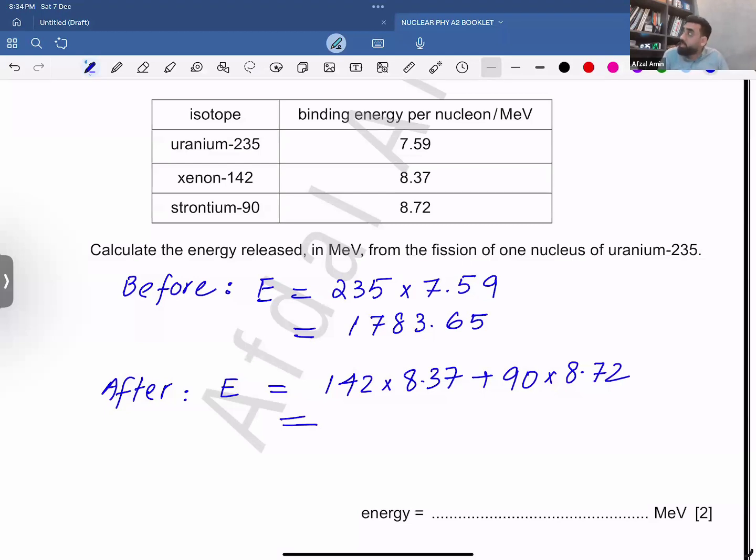So after decay, the energy is 142 times 8.37 and 90 times 8.72.